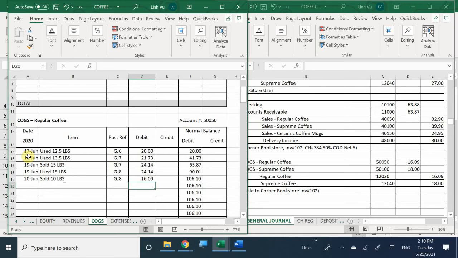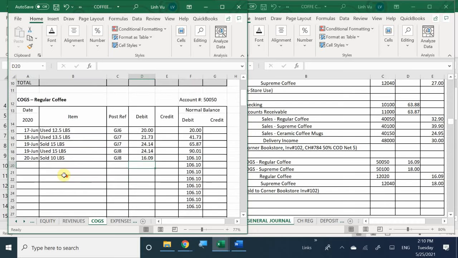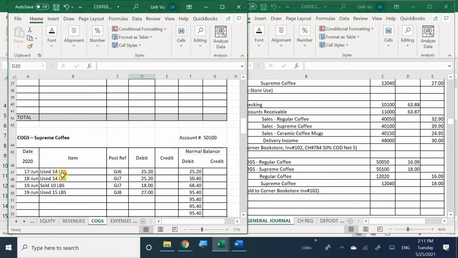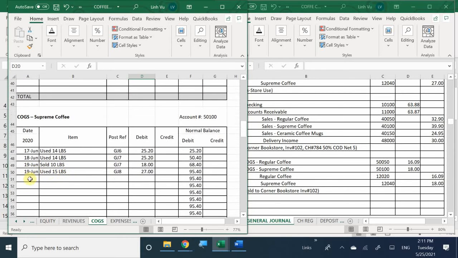I'm good if everybody's good. 6/20, sold 10 pounds.